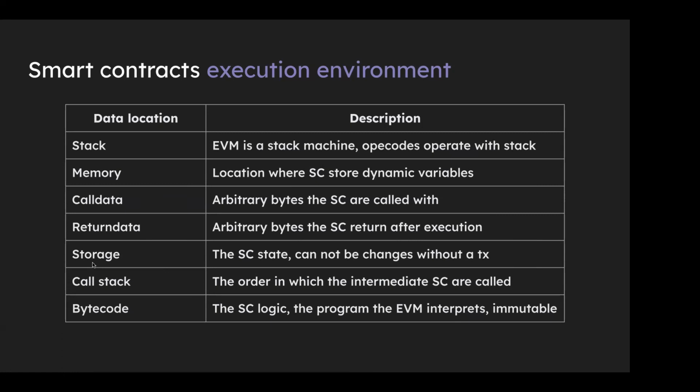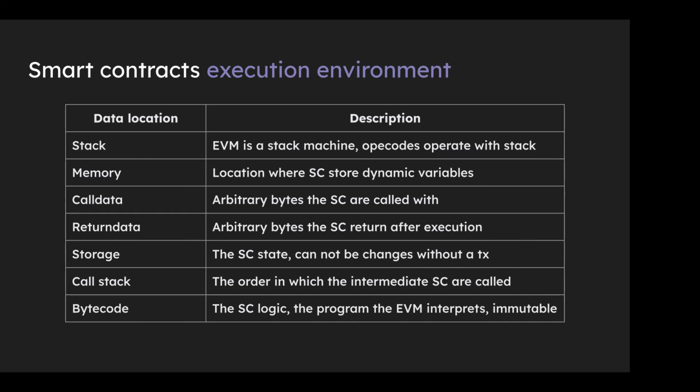You can place whatever you want there, and if your program is designed to understand what is written there, then it can read it and everything will be fine. So this storage cannot be changed without a transaction. We remember that in Ethereum, only externally owned accounts can initiate a transaction, so smart contracts cannot.